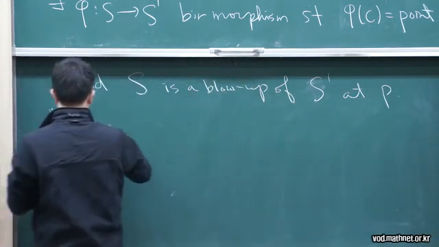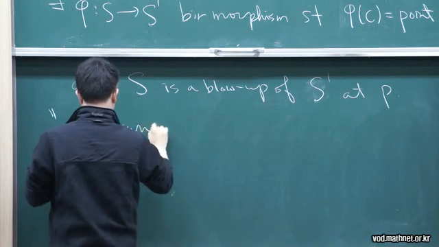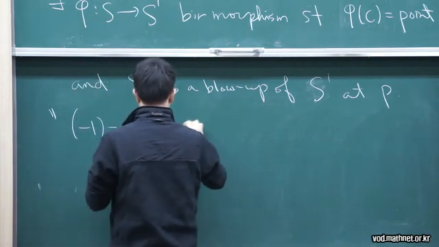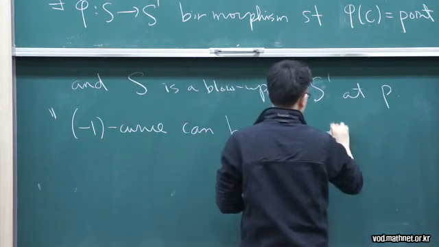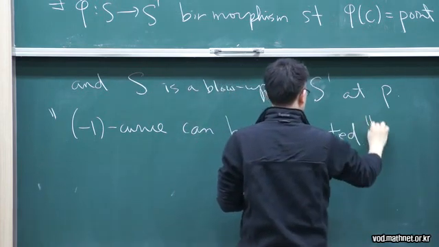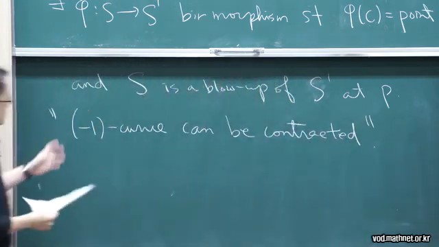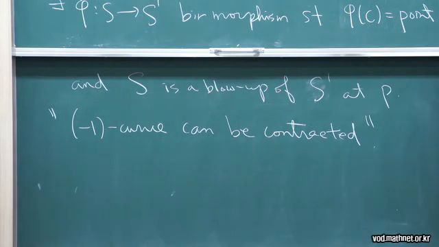So a -1 curve can be contracted, and we obtain the statement.